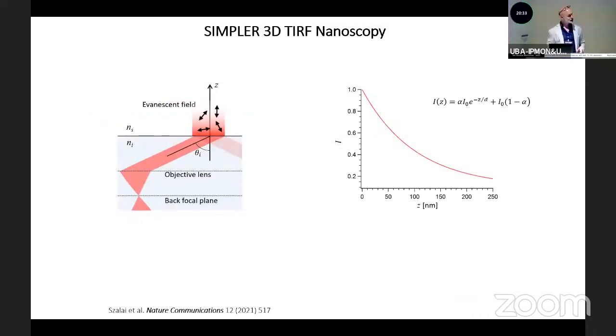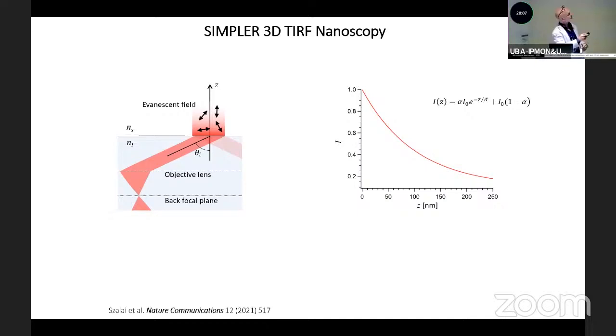It's very simple. You know, TIRF microscopy is about illuminating your sample with inclined excitation. And if your excitation angle is above the critical angle, then you get total internal reflection, if you have, let's say, a water environment sample and an oil immersion objective, right? In this case, the excitation light does not propagate into the sample.